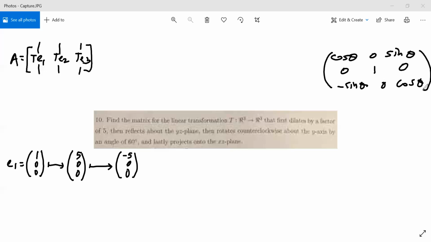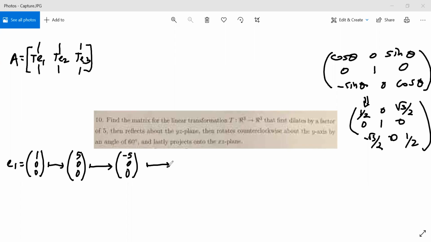Theta here is 60 degrees, so this turns into: cosine of 60 is a half, 0, square root of 3 over 2; 0, 1, 0; negative square root of 3 over 2, 0, and one half. This guy right here is one half. That's the rotation matrix about the y-axis.